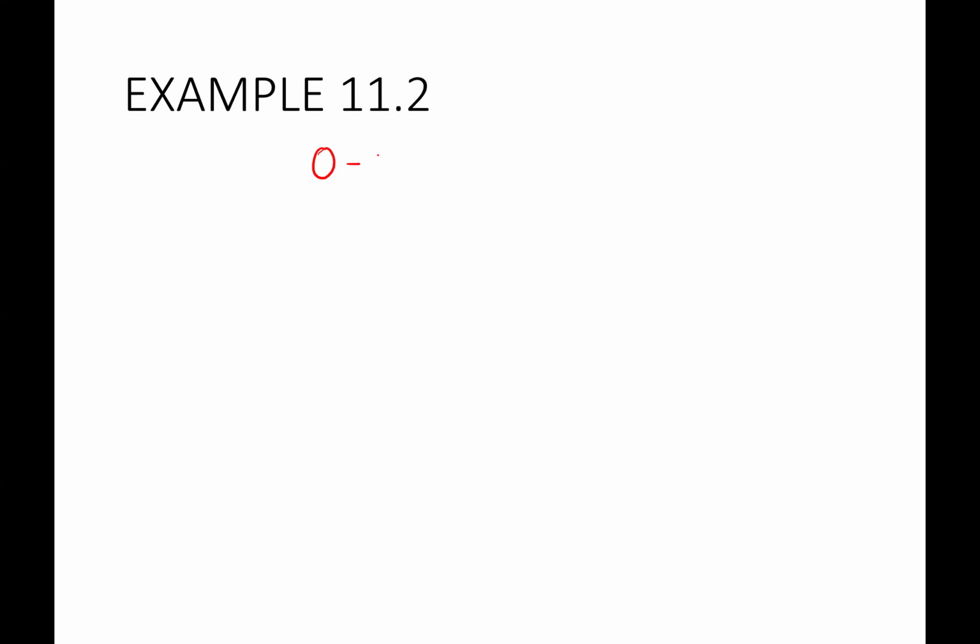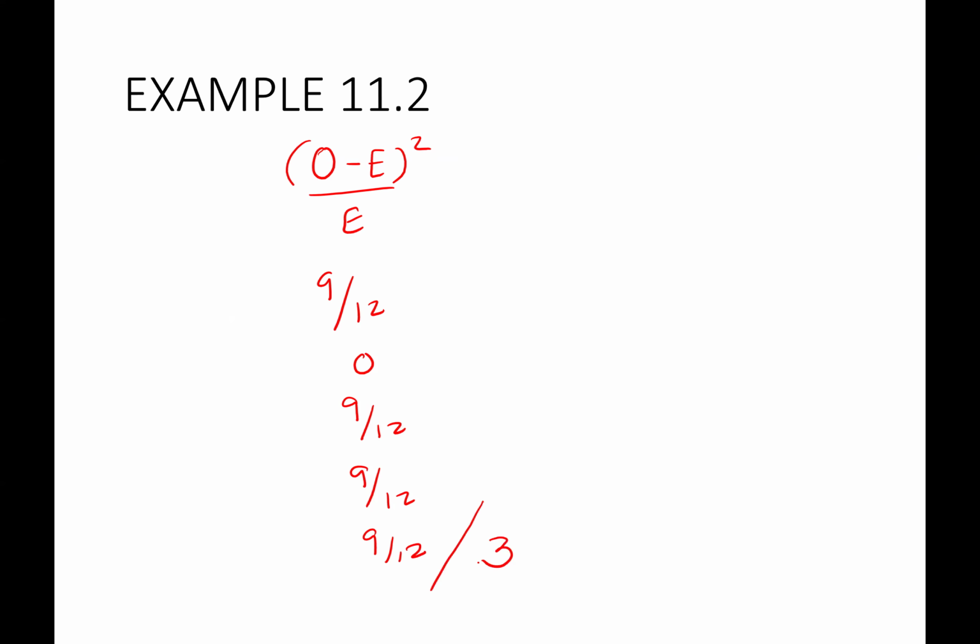I'm not quite sure why I did, but I did. So I had 9/12, 0, 9/12, 9/12, and 9/12. So the sum of this is 3. So the chi-squared test statistic is 3. So we can go run the chi-squared distribution. What's the probability that we get 3 or more?